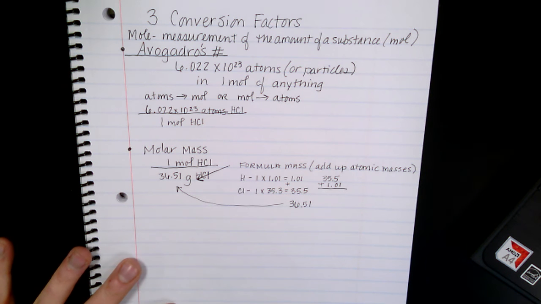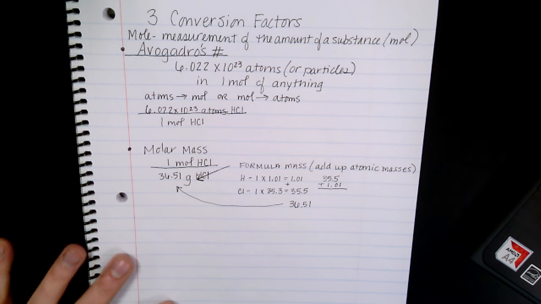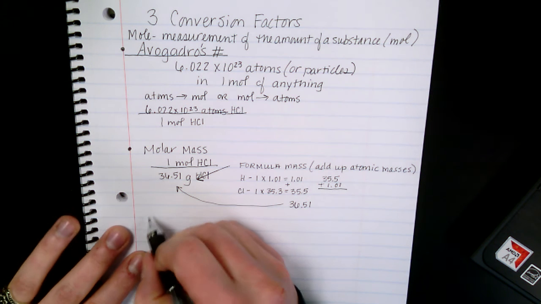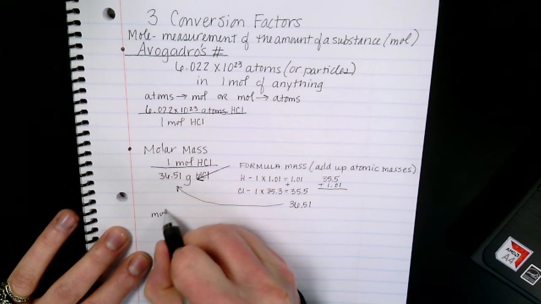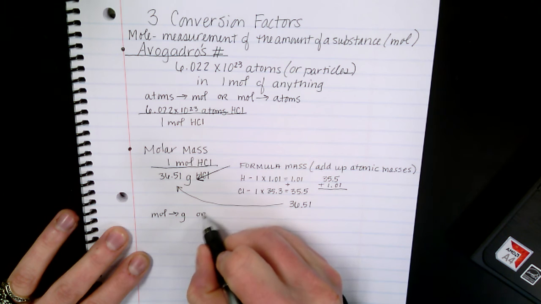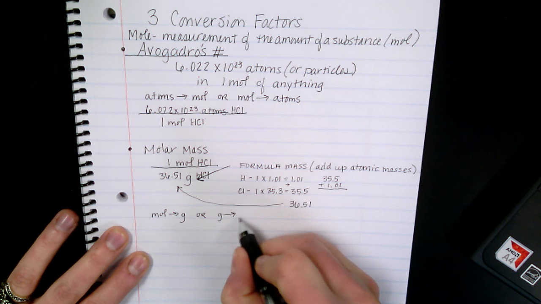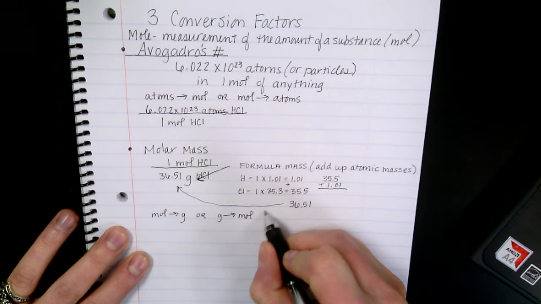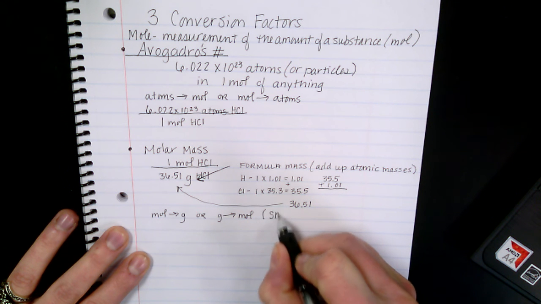So you just get the formula mass, and that's whatever the grams is. You just take atomic masses and add them up. So molar mass is going to get you from moles to grams, or grams to moles. This is for the same substance.